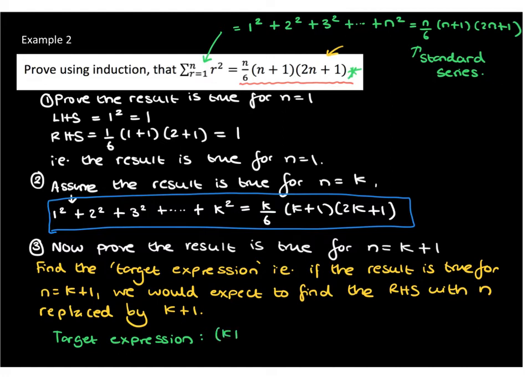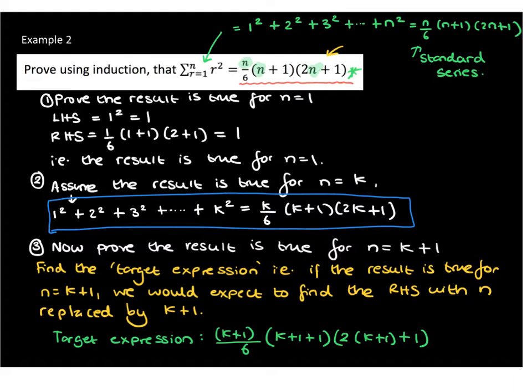So I would get k plus 1 over 6, and in the second bracket I would get k plus 1, which I'll just write like that for the minute, and then in the third bracket I'd get 2 brackets k plus 1 and then plus 1. So you can see I've taken n and I've replaced it by k plus 1. Now, what does that simplify as?